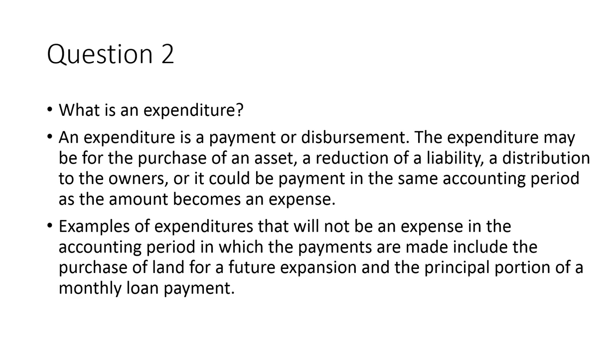So examples of expenditures that will not be an expense in the accounting period in which the payments are made include the purchase of land for a future expansion. And then another example would be the principal portion of a monthly loan payment. Remember, that reduces the liability. So from a financial accounting perspective, in commercial accounting, the repayment of principal is not recognized as an expense.